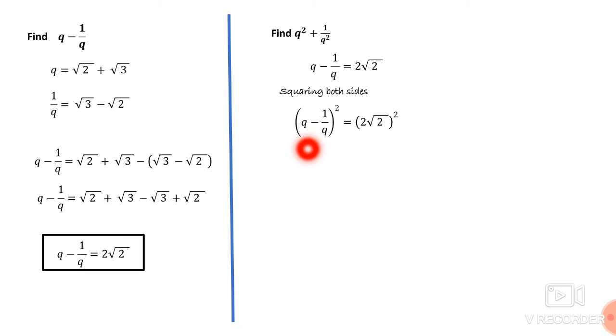Here we will apply the formula a minus b whole square, and here we can take the square directly. This formula we will apply on left hand side. In place of a we will write q, and in place of b we will write 1 upon q.